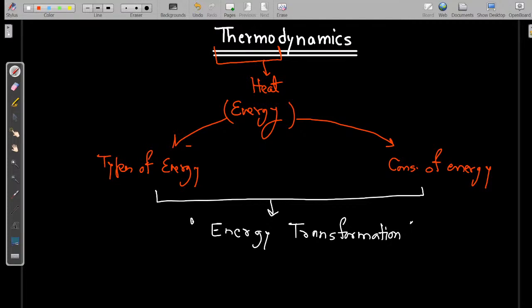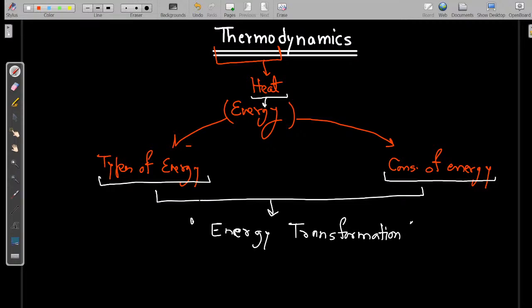So basically, in thermodynamics we will be dealing with heat, which is also a form of energy, different types of energy, and the conservation of energy principle.